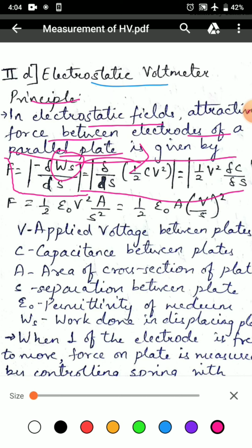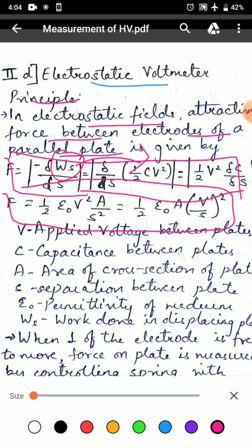On differentiating, we get half V square del C upon del S, where F is equal to half epsilon naught V square into A upon S square, which is equal to half epsilon naught A into (V upon S) the whole square.